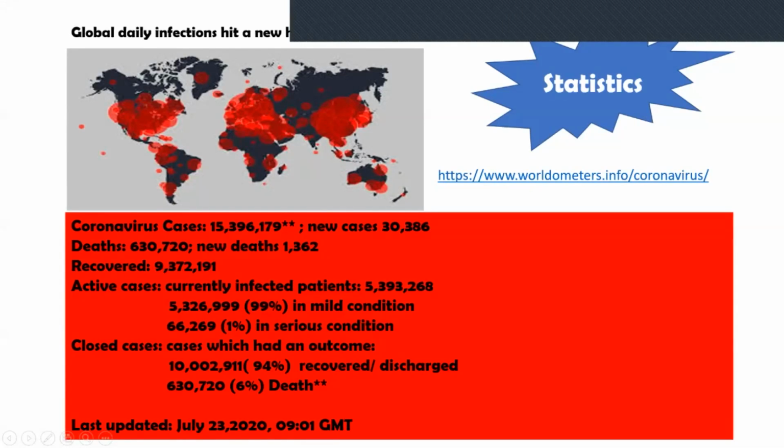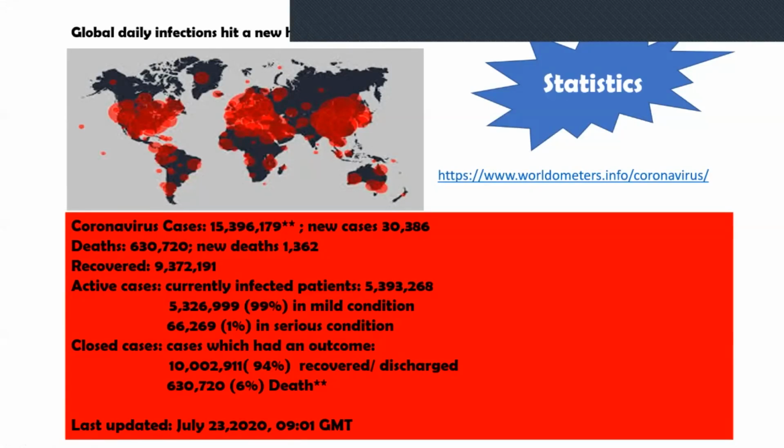I got this information from the Worldometers info on the coronavirus. If you see, the global daily infection is very high. I try to keep myself updated with the information, last updated yesterday morning.